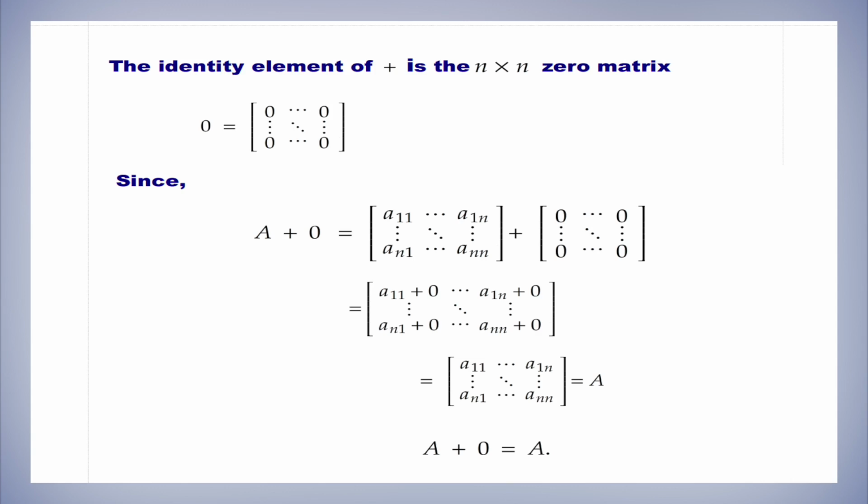Already we are having the 0 matrix, plus 0, 0, 0 plus 0, 0, 0. So the answer is A11 plus 0, A12 plus 0 and so on A1n plus 0, like AN1 plus 0, AN2 plus 0 and so on ANN plus 0. So it's equal to A11, A12 and so on A1n, like AN1, AN2 and so on ANN, which is again A. So A plus 0 is equal to A.